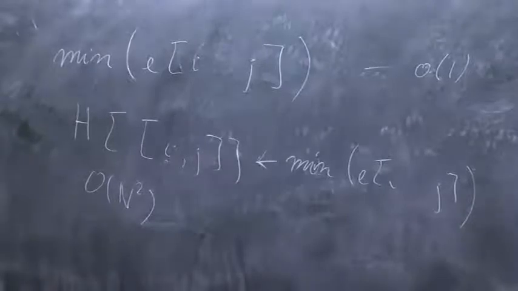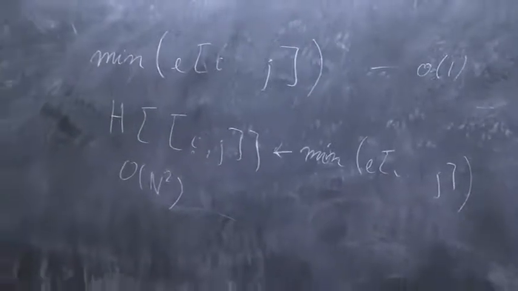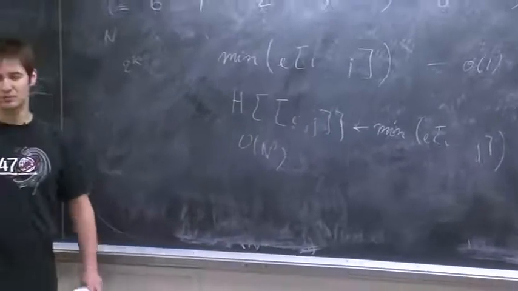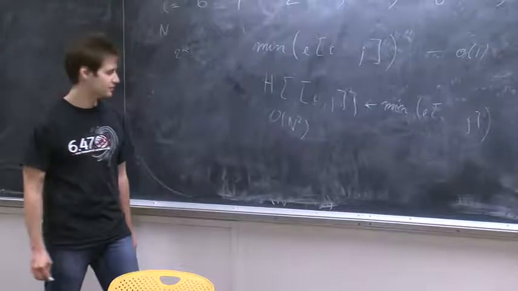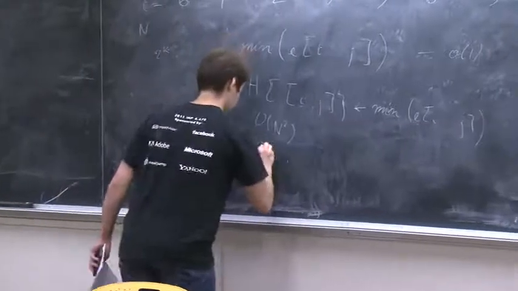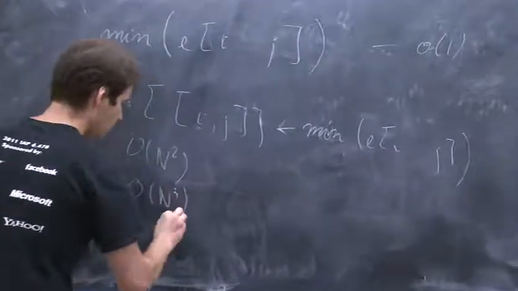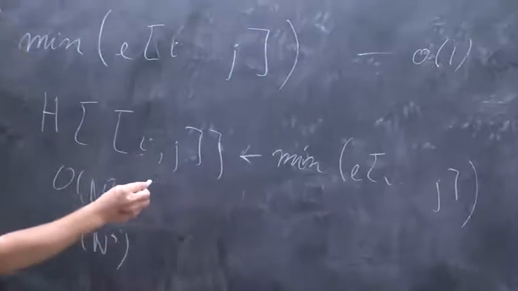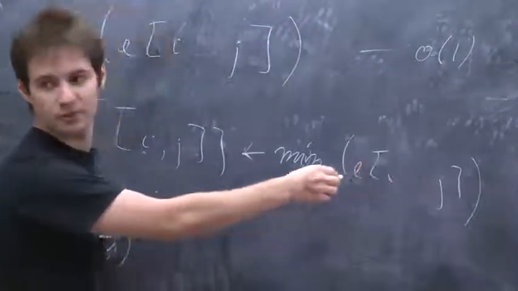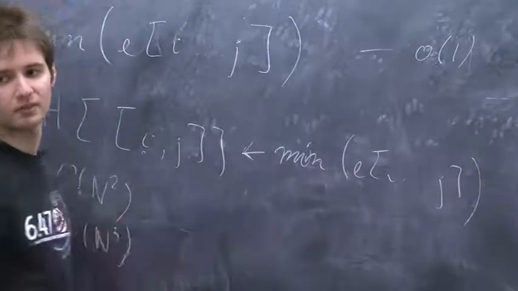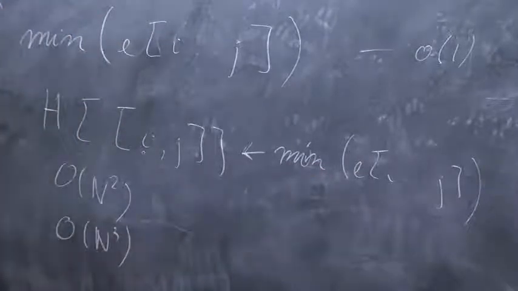What's the time for computing this? Brute force. Let's not think. What's the time for computing this? Thank you. n cubed. You're thinking. So I have n squared elements here. For every element, I have to compute the minimum of potentially order n elements, right? So this is n cubed.